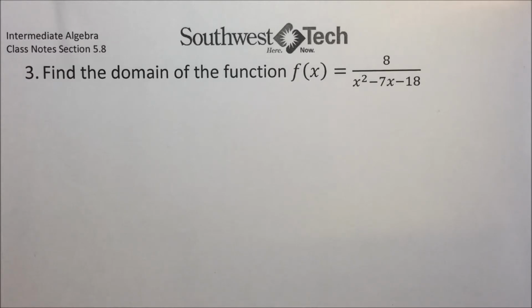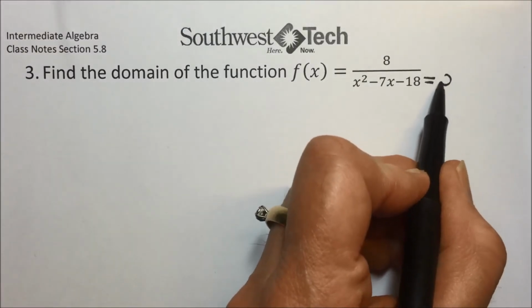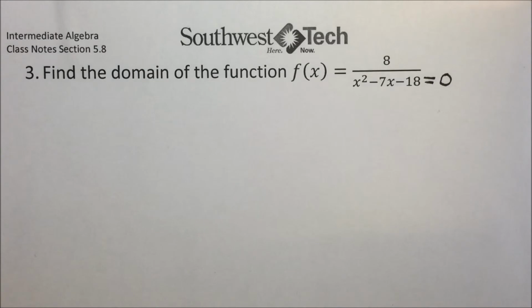Since division by 0 is undefined, we cannot let f of x be calculated at an x value for which the denominator is 0. So to make sure these values are excluded, we're going to solve this equation in the denominator for when it equals 0, something that we want to avoid or restrict in the domain.